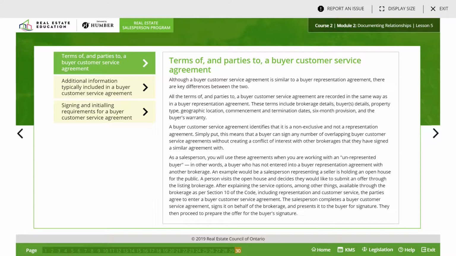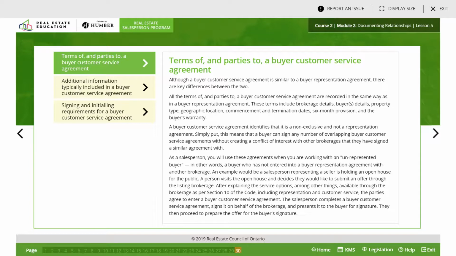As a salesperson, you will use these agreements when you are working with an unrepresented buyer. In other words, a buyer who has not entered into a buyer representation agreement with another brokerage. An example would be a salesperson representing a seller holding an open house for the public. A person visits the open house and decides they would like to submit an offer through the listing brokerage after explaining the service options available through the brokerage as per section 10 of the code, including representation and customer service.